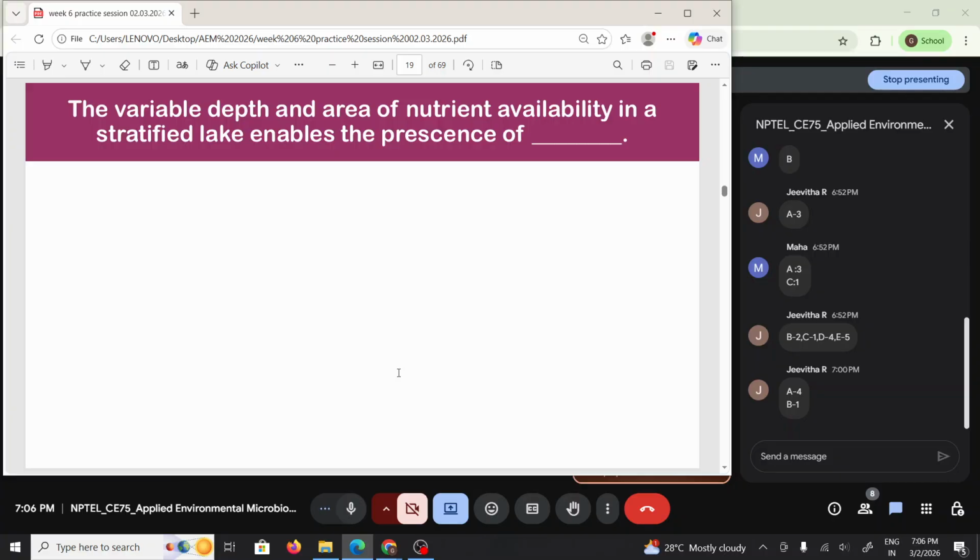Okay, so the next question is: the variable depth and area of nutrient availability in a stratified lake enables the presence of what?